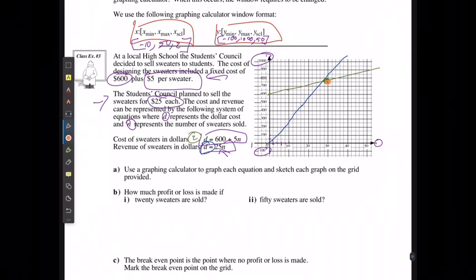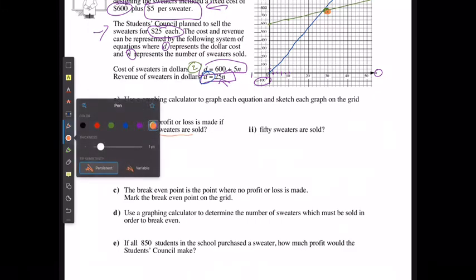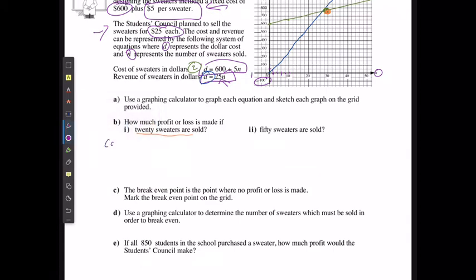So, for part B, how much profit or loss will be made if 20 sweaters are sold? Well, I can say that the cost is going to equal 600 plus 5 times 20, which is going to be $700.